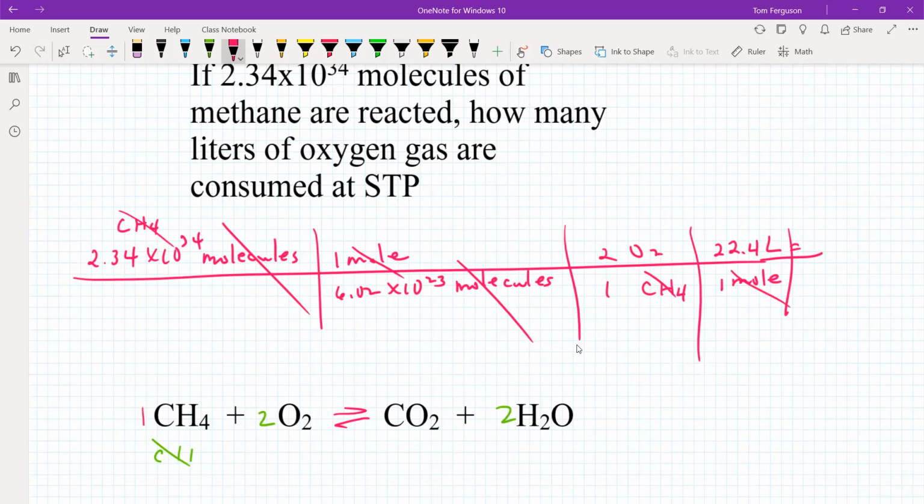Now, in this problem, it's crucial you use EE on the bottom. If you don't want to use EE, make sure you put the 6.02 times 10 to the 23rd in parentheses. Otherwise, your calculator, being as dumb as it is, is not going to interpret your calculation the way you intended it to be.